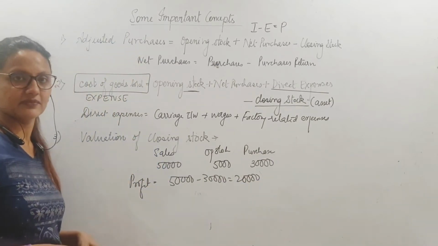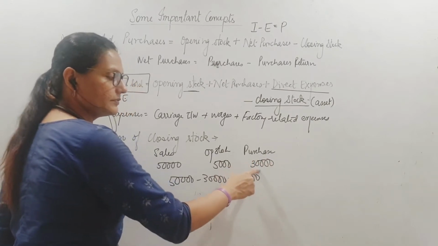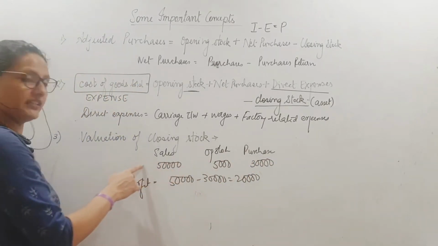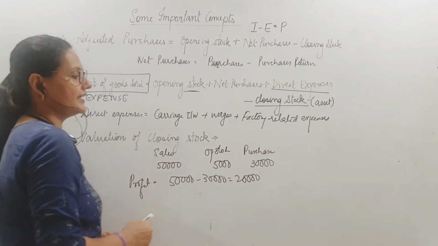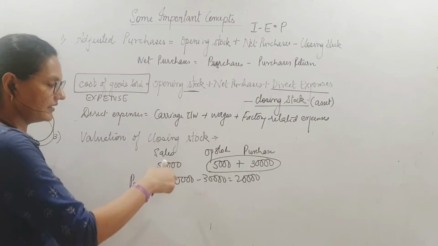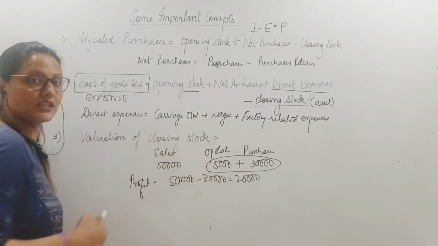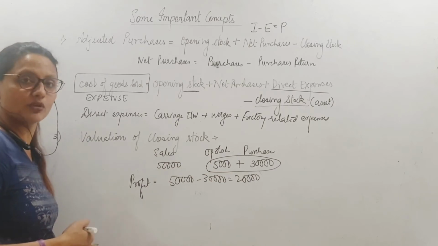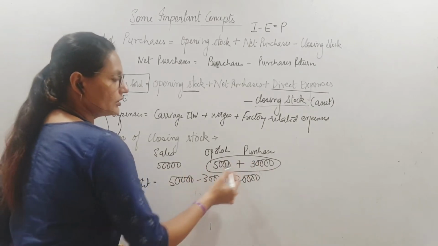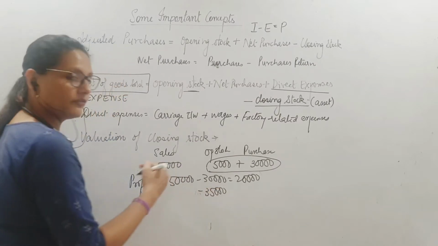But here, did I sell only goods worth this much and get this much revenue? Or did I sell this together, then I could get this sale? You obviously would have sold this opening stock also. Yes, this year. Therefore, what was the cost of the goods that you sold? 35,000.